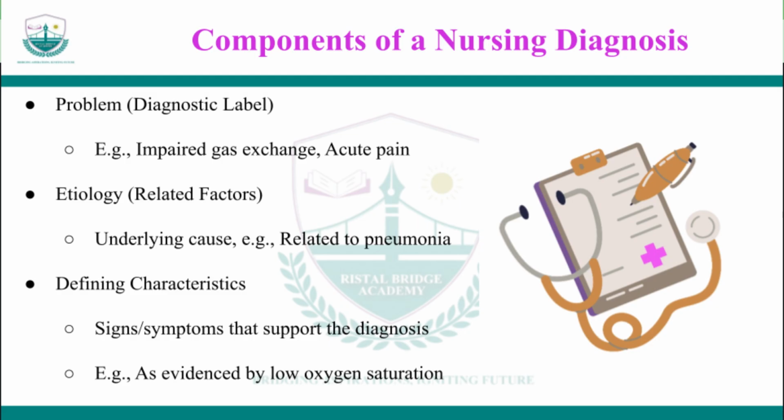So we can say that impaired gas exchange related to pneumonia as evidenced by decreased oxygen saturation. So you have tested the saturation of oxygen in the patient's body and it is low. So you come up with such diagnosis. So those are the three components of nursing diagnosis.